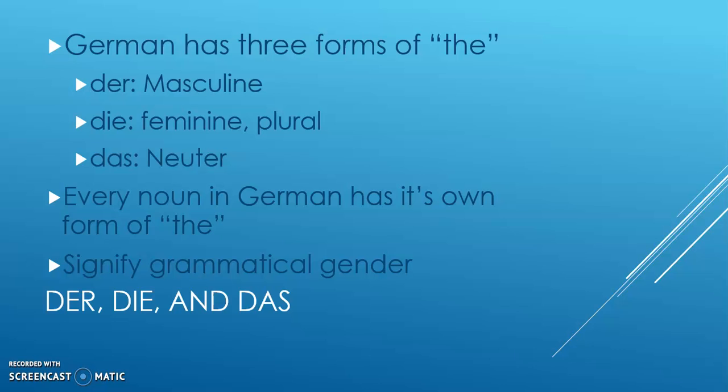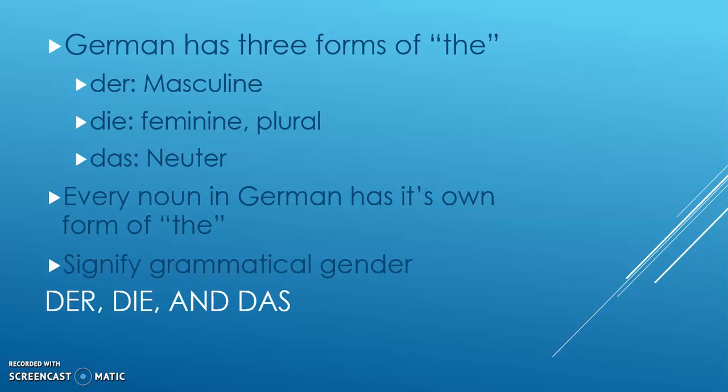Now that's just a grammatical gender, not like, oh, this object is a boy, this object is a girl. It's not like that. It's just a word that we use to signify which form of the we're going to use. So we have der is what we call masculine. Then we have die, which is for feminine nouns and for plural nouns.